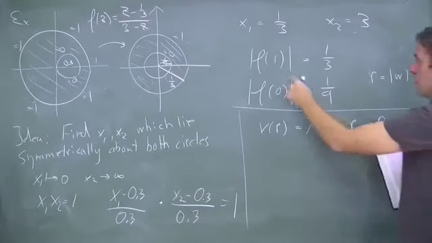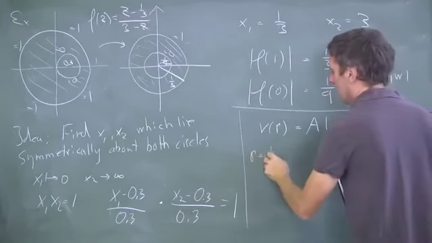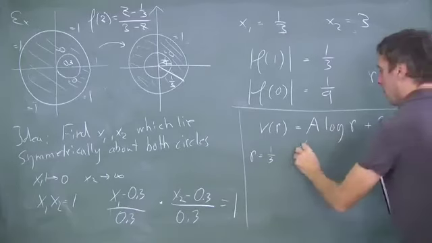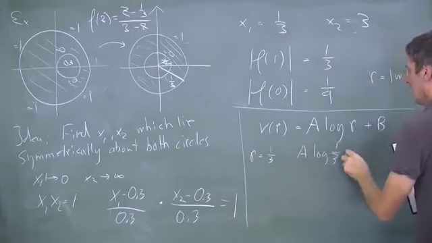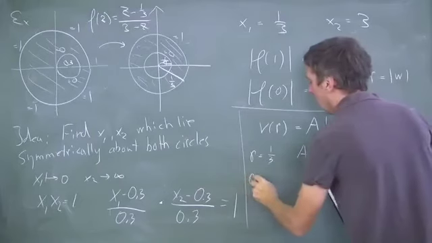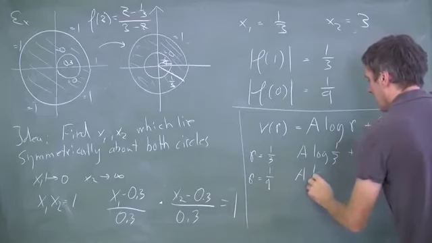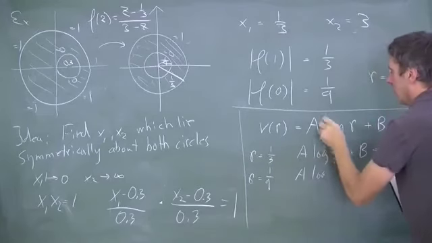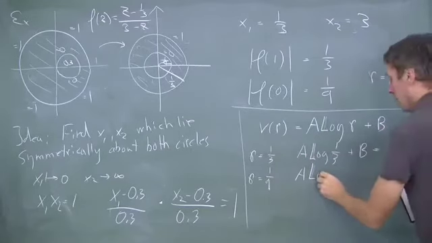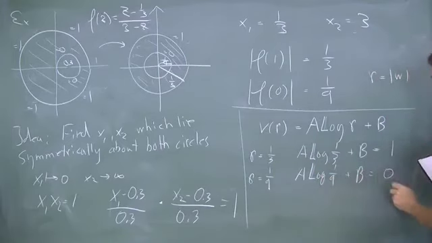And so now you have to insert these conditions: r equal to 1/3 should give you that this is equal to 1, and r equal to 1/9 should give you that a times the logarithm of 1/9, which is the ordinary real logarithm, plus b should be equal to 0.